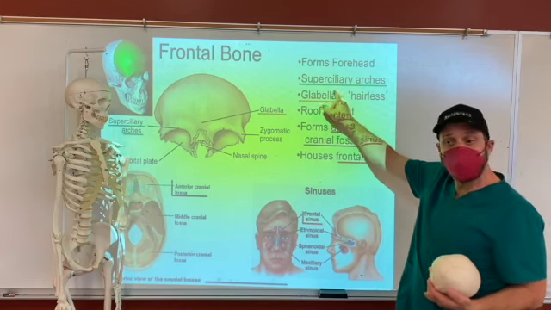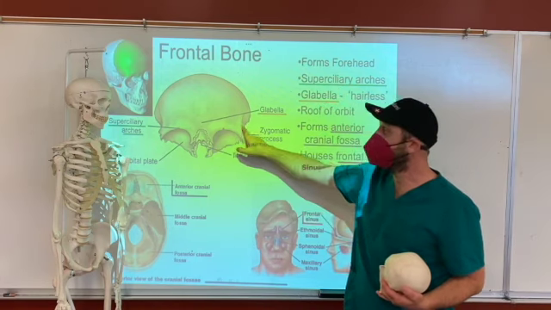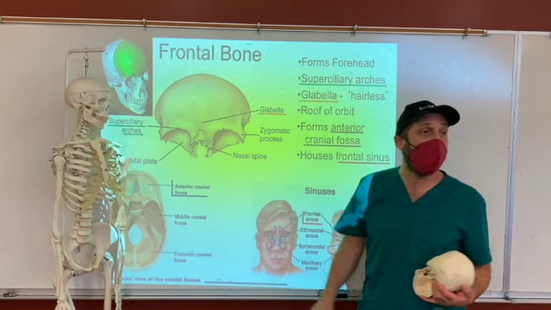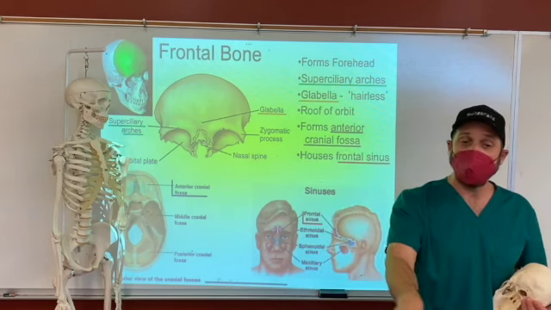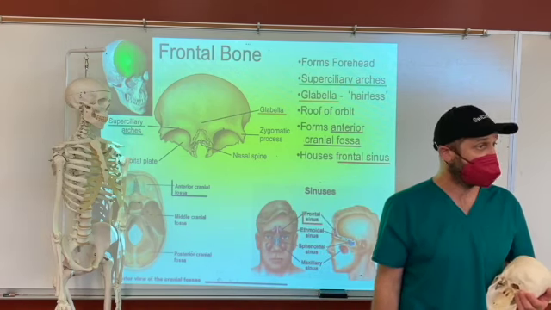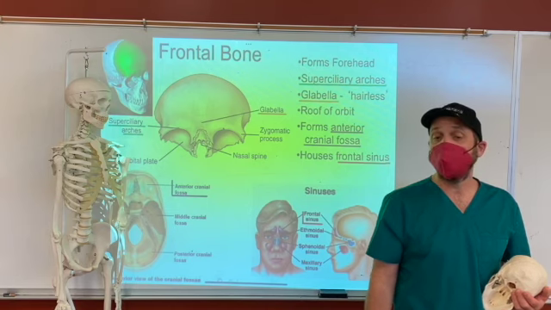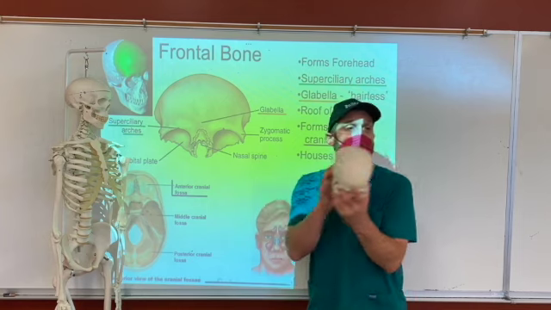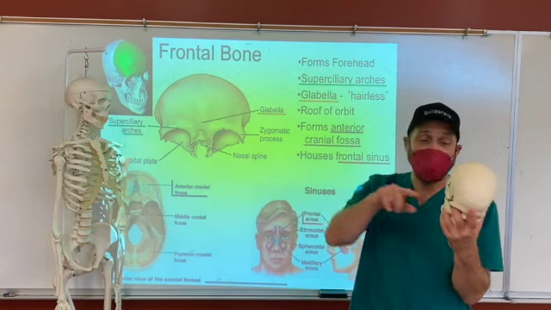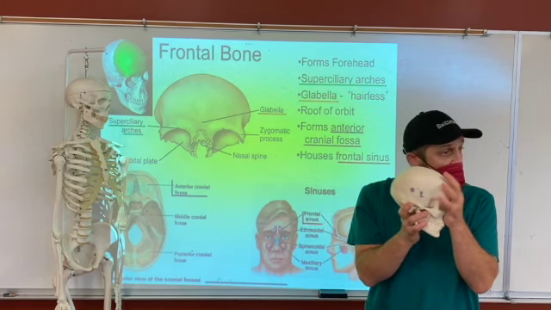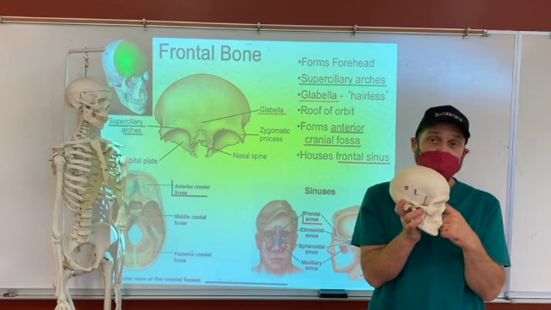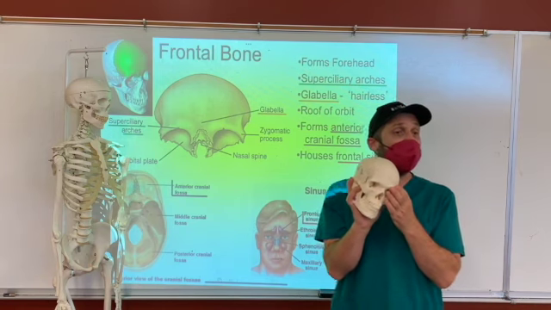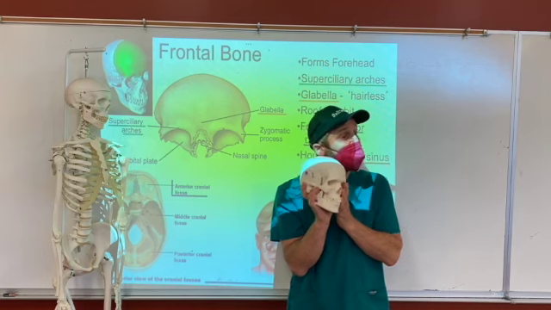So if I put a label here on a test and say, what's this landmark called? You look on your list and you say, oh, that's the superciliary arches. I use these models here that are on your table, and on the test we have pictures and videos of these models. I also have these models as pictures in the test review.